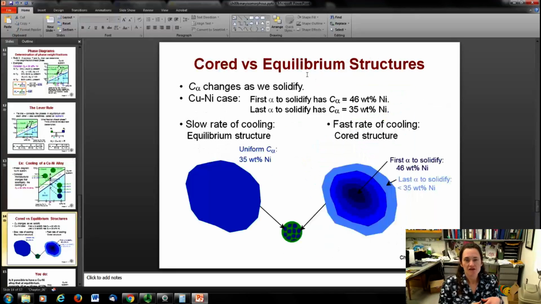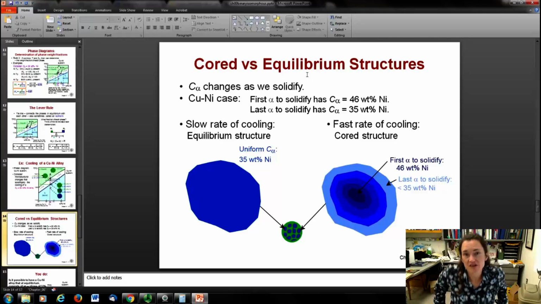Well, if you cool it down in an equilibrium kind of way, not much. Basically what will happen is if you do it slowly enough, your copper and nickel diffuse and move around, and you'll have a homogeneous mixture by the time you get down into the solid phase temperatures. And it'll be 35 weight% nickel no matter where you are.